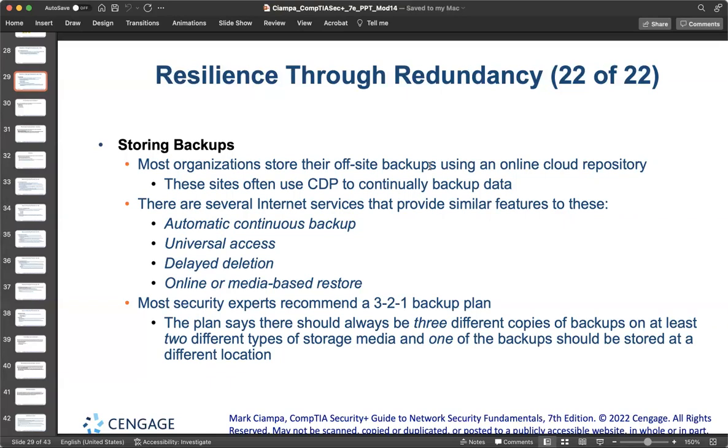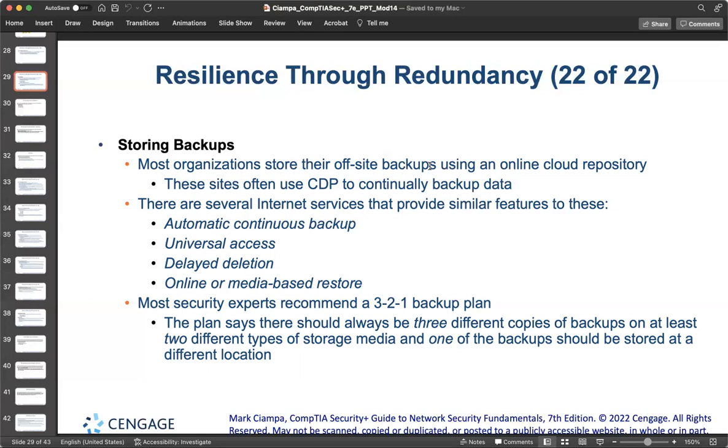There are several internet services that provide similar features, like automatic continuous backup, universal access, delayed deletion, online or media-based restore. You have all of those features available in most of these online services.